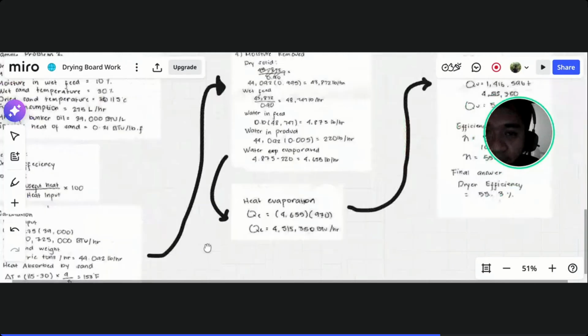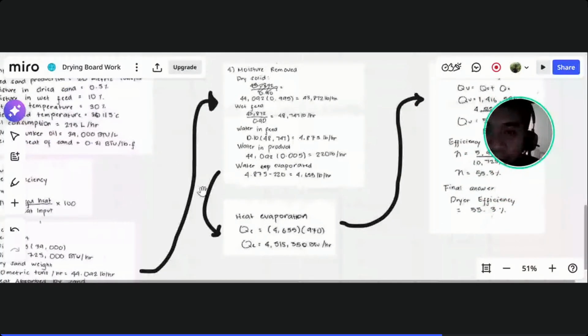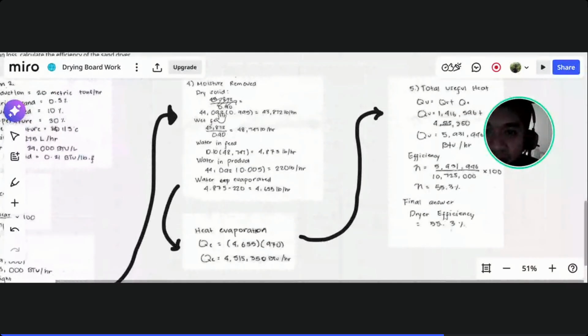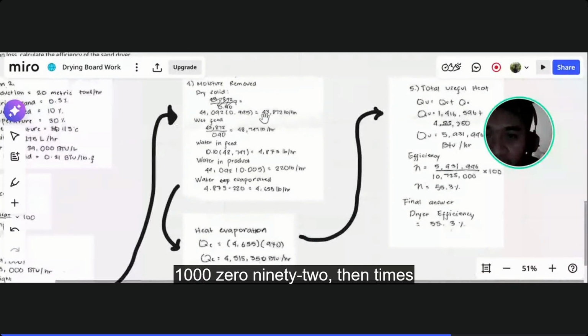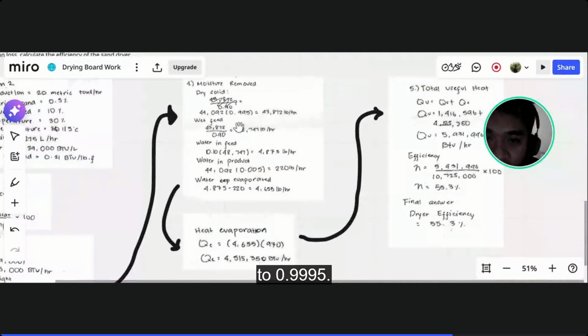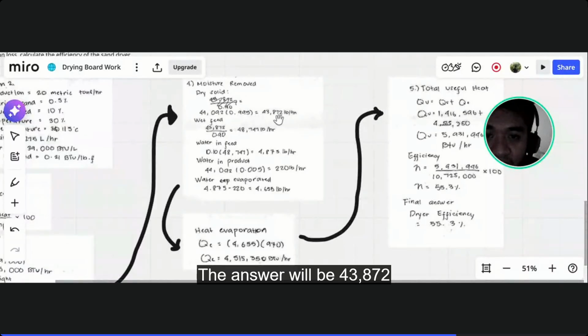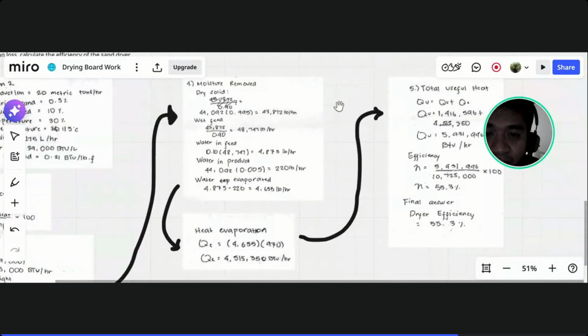For the moisture removal, the dry solids are 44,092 times 0.9995, and the answer will be 43,872 pounds per hour.